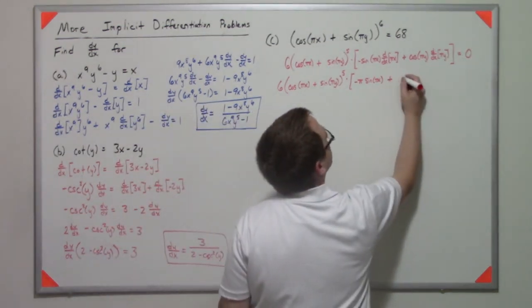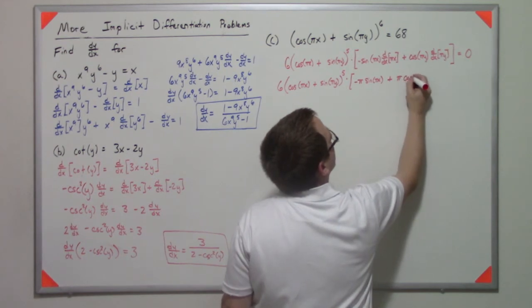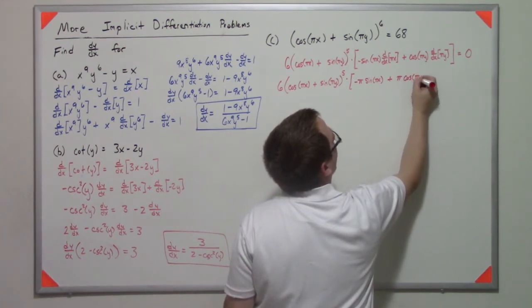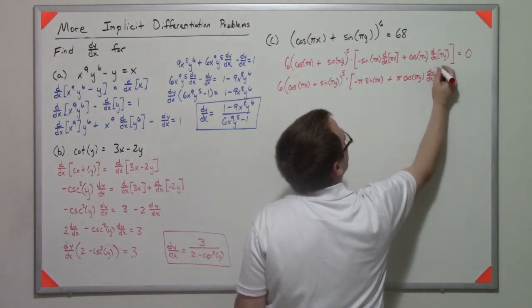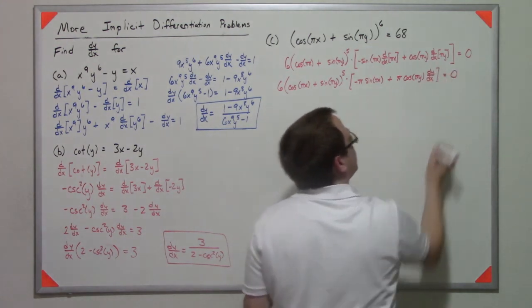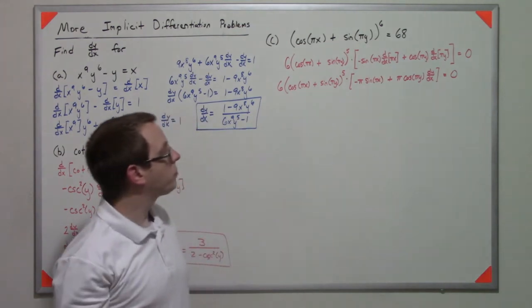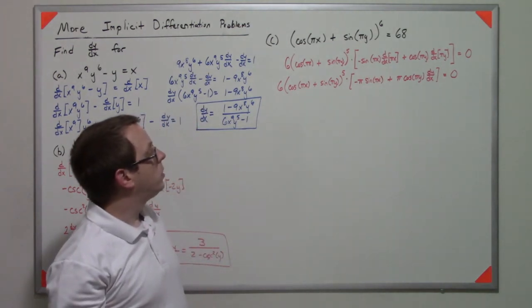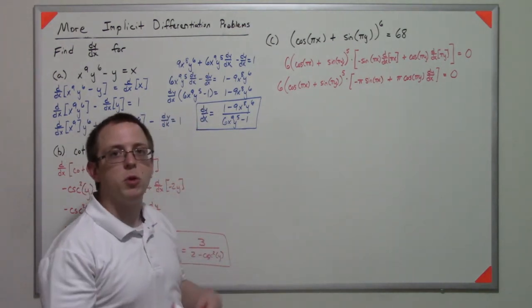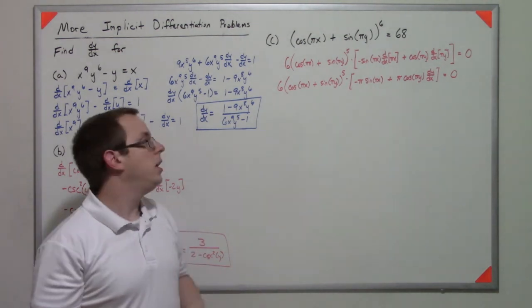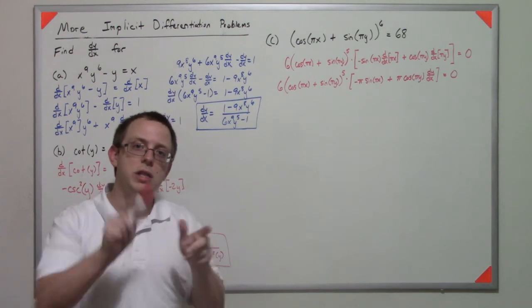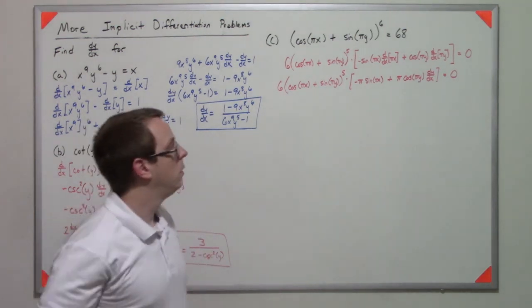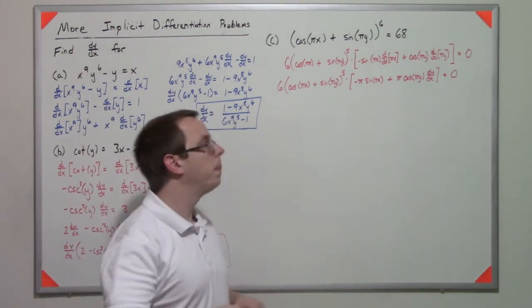So we have plus pi cosine pi y dy dx equals 0. So what I would have to do here is multiply out a bunch of things and get dy dx by itself. It's a bit of a hassle. So let's not do any of that.